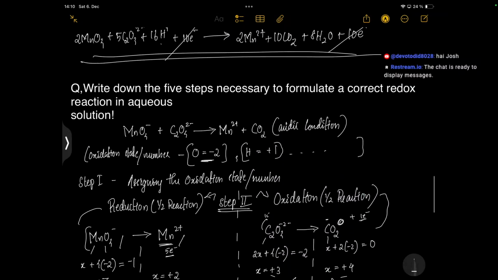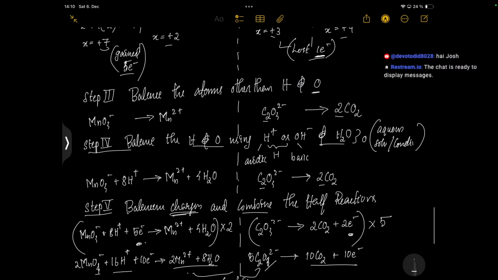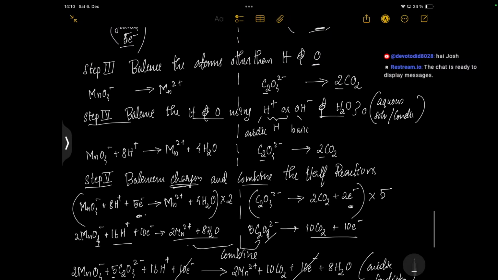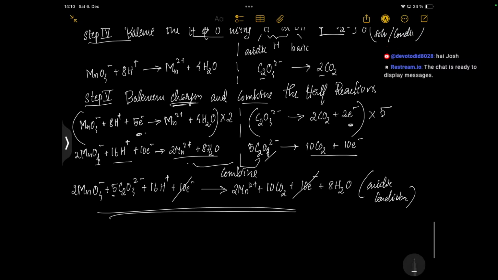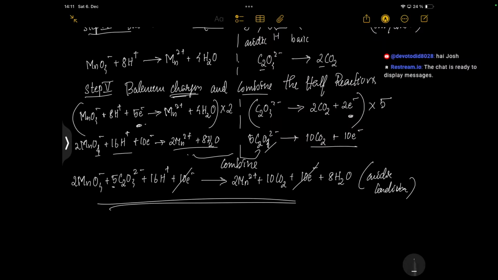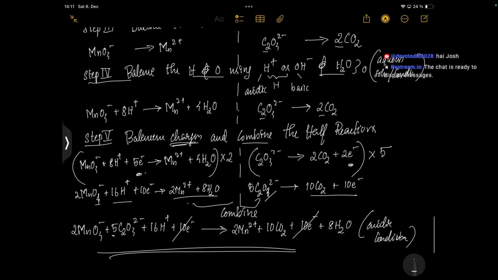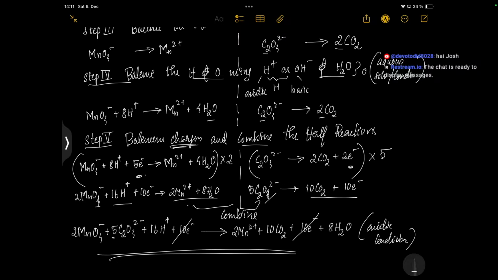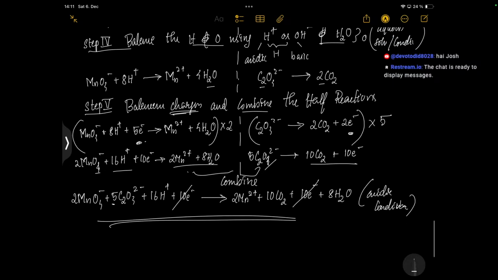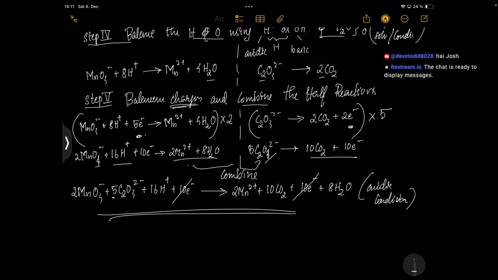This one is a simple example, that's why the oxidation half reaction did not even add anything. Step 4, balance the hydrogen and oxygen. Step 5, balance the charges. That would be an important step, because it looks like we could just add these two, but no, we should balance the charges first. Only after that should we combine the half reactions. Well, that's it. Peace.